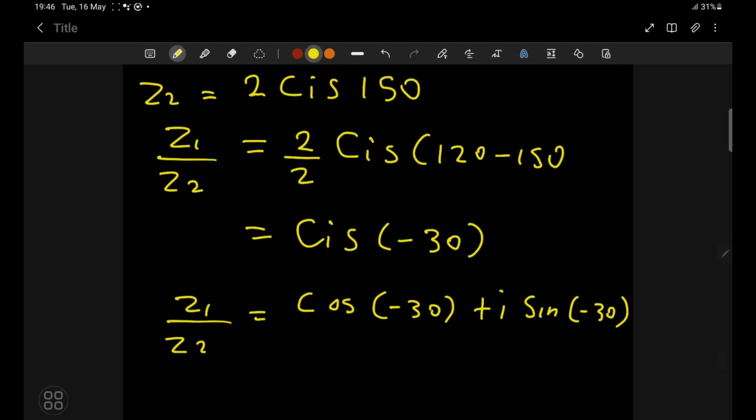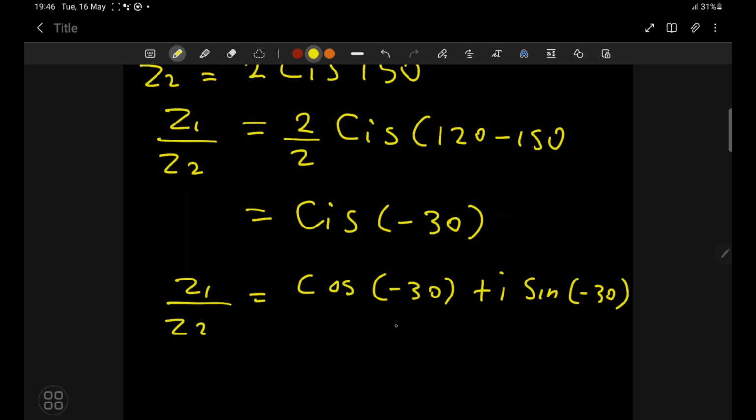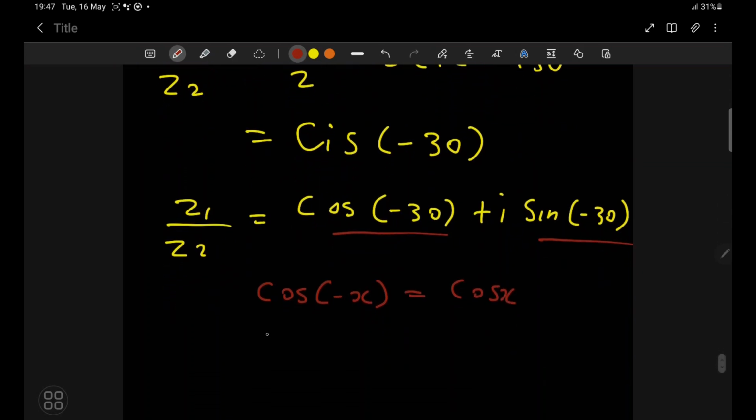So we can simplify these two from the odd and even trigonometric identities. If you can recall, cos of negative x is equal to cos x, and the sine of negative x is equal to negative sine x.